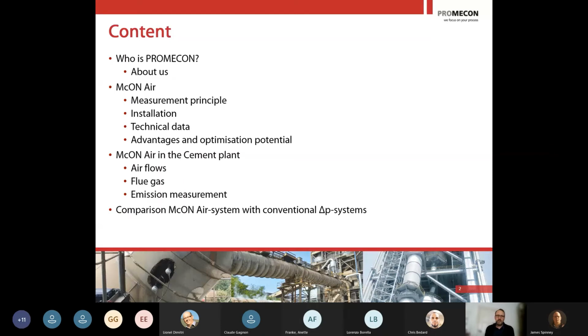Of course, air flows, dirty air, so contaminated with dust, or clean air, flue gas, and then emission might also be a topic for the measurement. And at the end, we will have a quick look on the advantages over the conventional differential pressure measurements, which are most places a good solution, but once you're dealing with dust, it will give us some problems in the operation.